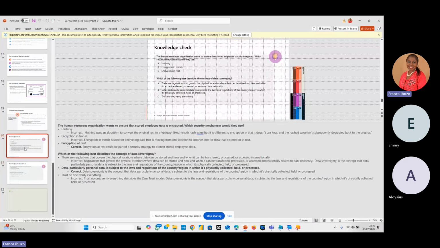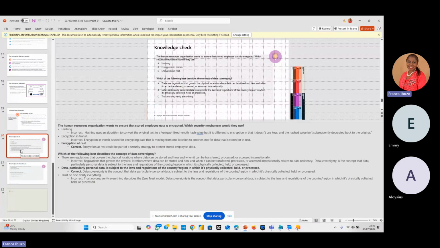Where we said encryption at rest is correct. Encryption at rest could be part of a security strategy to protect stored employee data. Remember, when we say stored, that's encryption at rest. You want to encrypt stored data, that's encryption at rest.